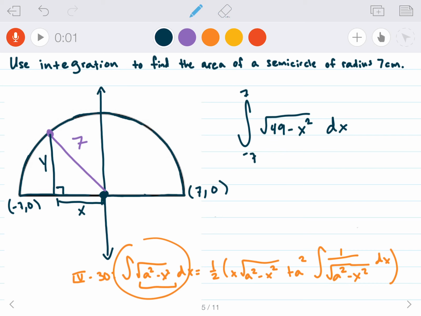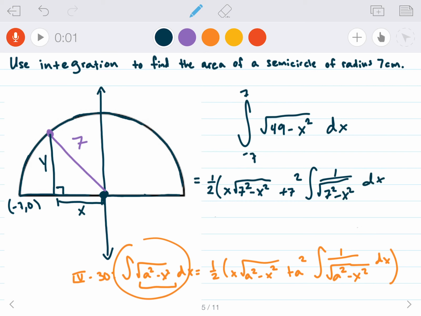So if I plug all of that into my formula, I get that this is equal to 1/2 times x root 7 squared minus x squared under the radical, plus 7 squared, and then integrate 1 over the square root of 7 squared minus x squared dx. All right, so far so good.